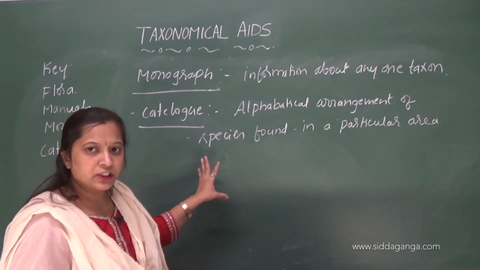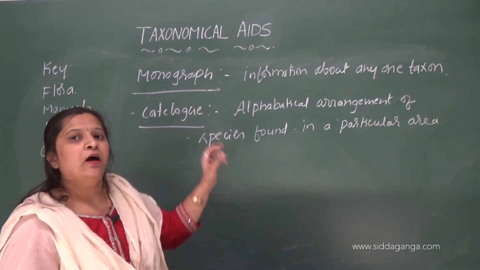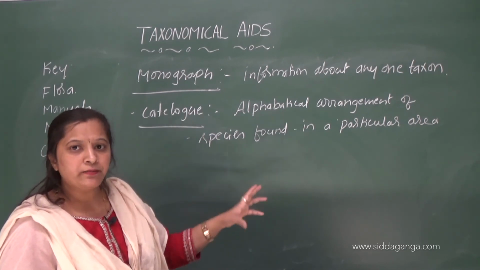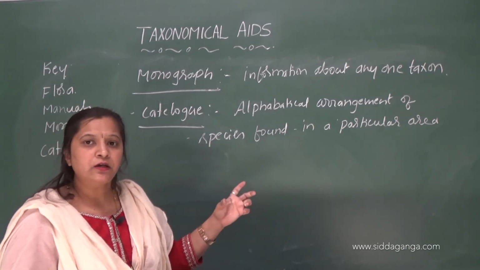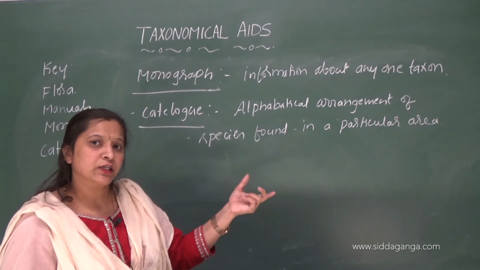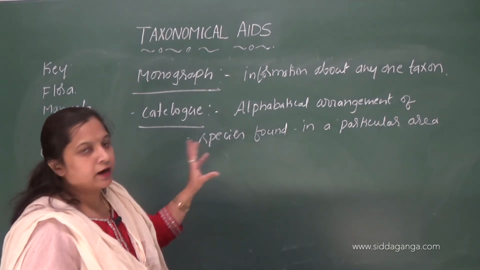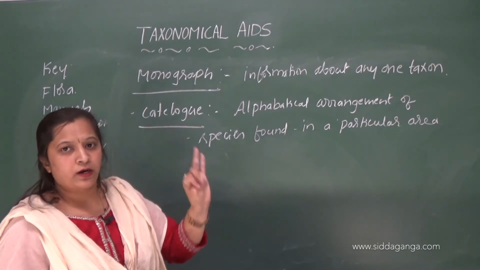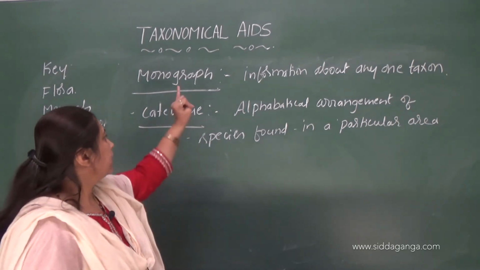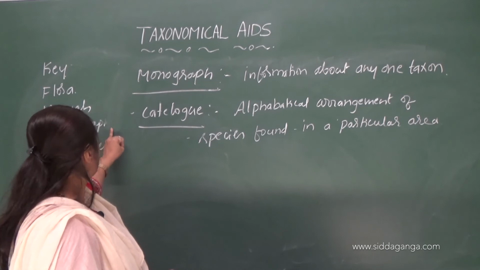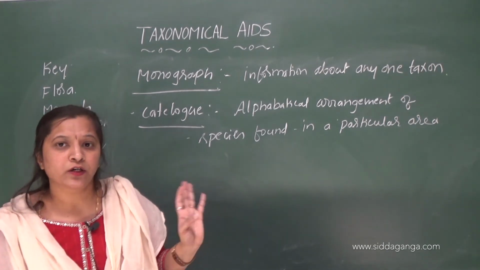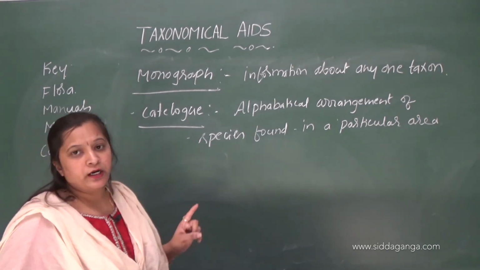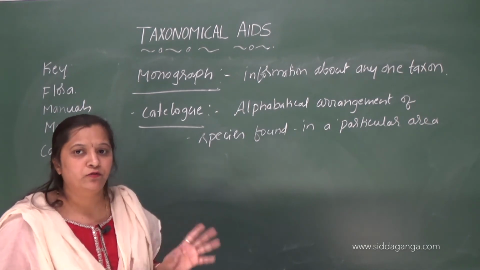These are the procedures or the techniques or the stored information which help in the identification and the classification of organisms. That includes herbaria, botanical gardens, zoological parks, museum, keys, flora, manuals, monograph and catalog. Okay. So taxonomical aids are very important for board exam and also for NEET.